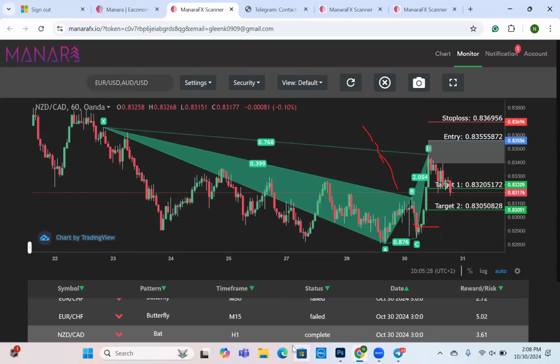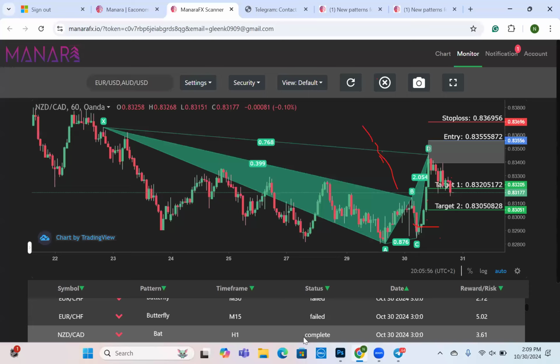But if you are in this complete right now, looking at this NZD card now, this price is already at TP. It has hit TP1. But I think sometimes when it tells you complete, it has hit TP2, like it has hit the whole of this TP. So someone like me, if I want to come and take this trade, I already see that this trade has hit TP1.